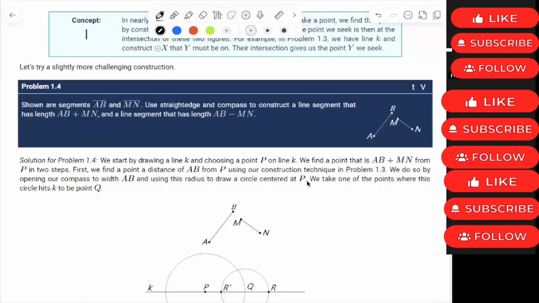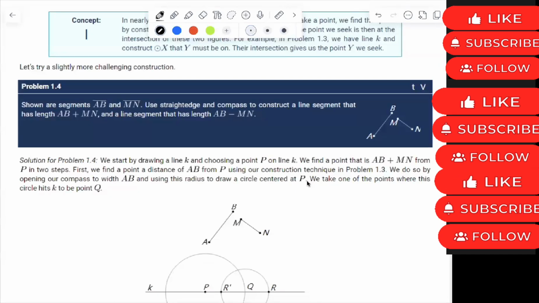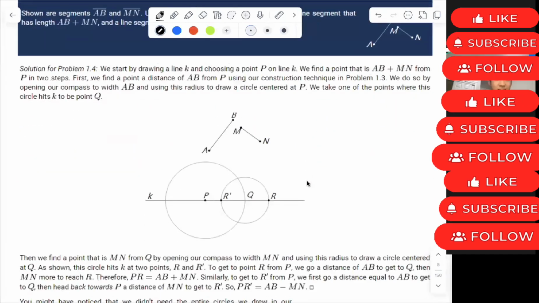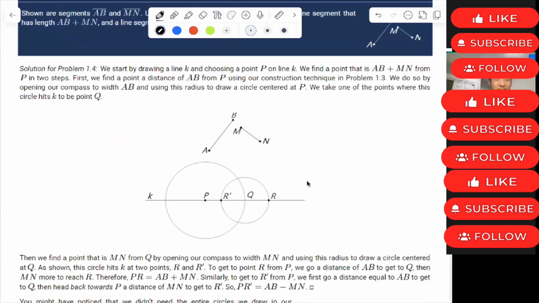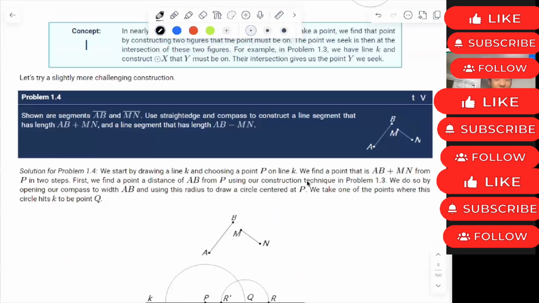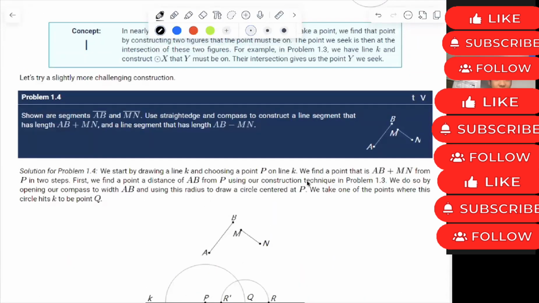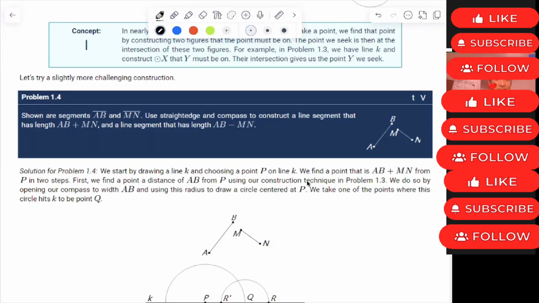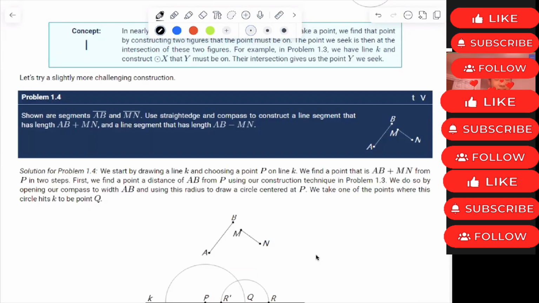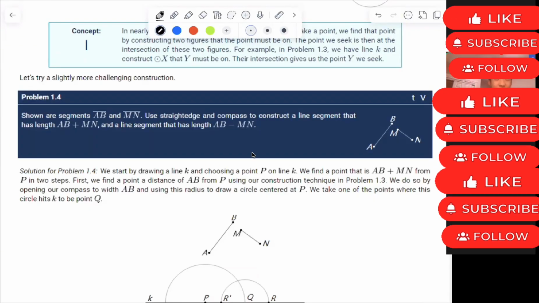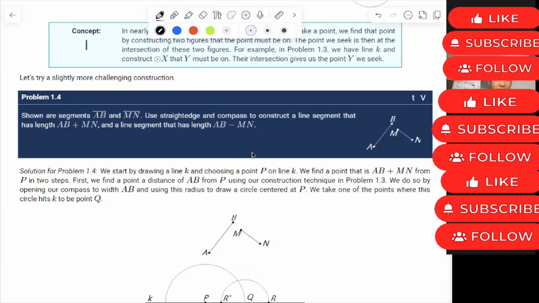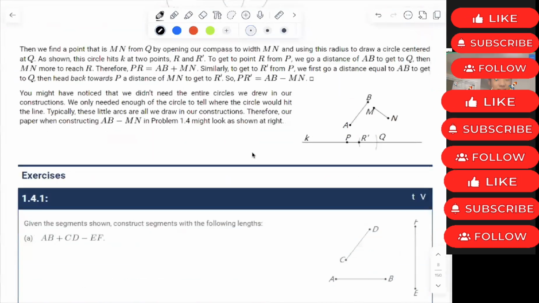Given AB and MN, find AB minus MN. It's quite obvious how you're supposed to do it. And then you have to select the line segment AB plus MN, and so on.